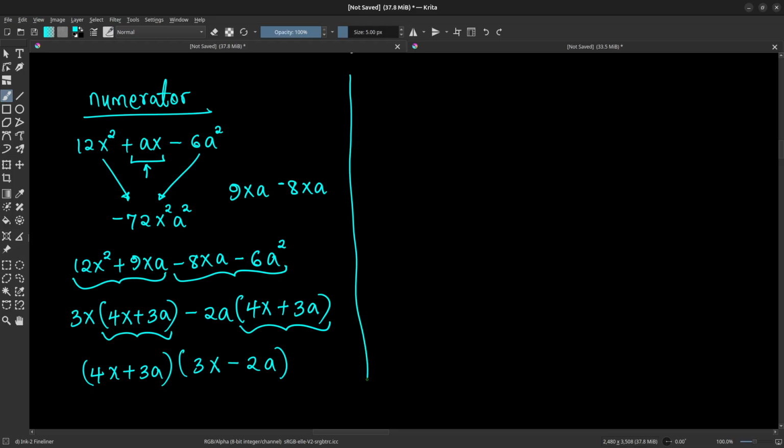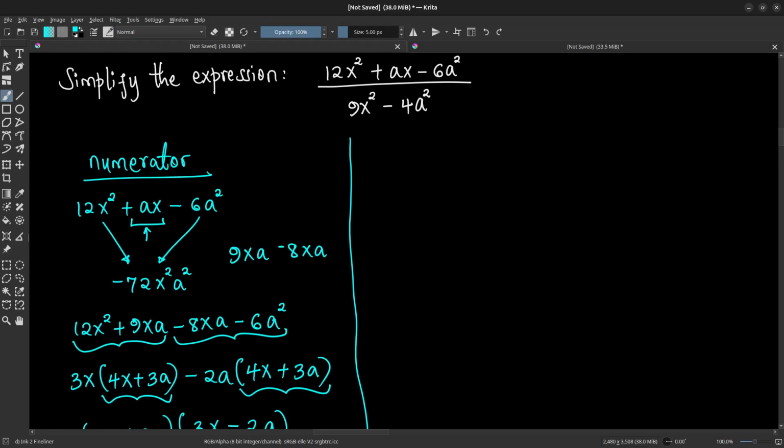Now let's talk about the denominator. We were given the denominator as 9x squared minus 4a squared, right? 9 can be rewritten as 3 squared, and of course we still have the x squared.